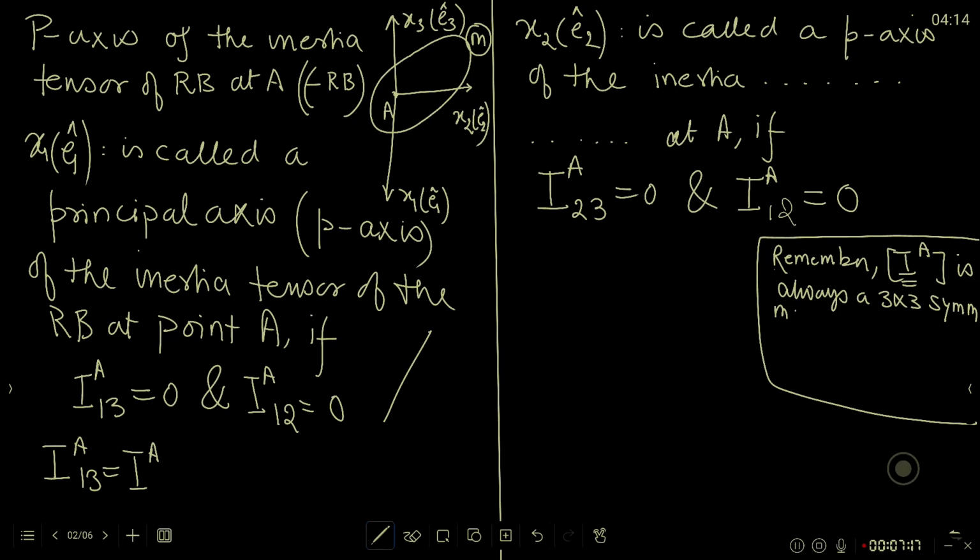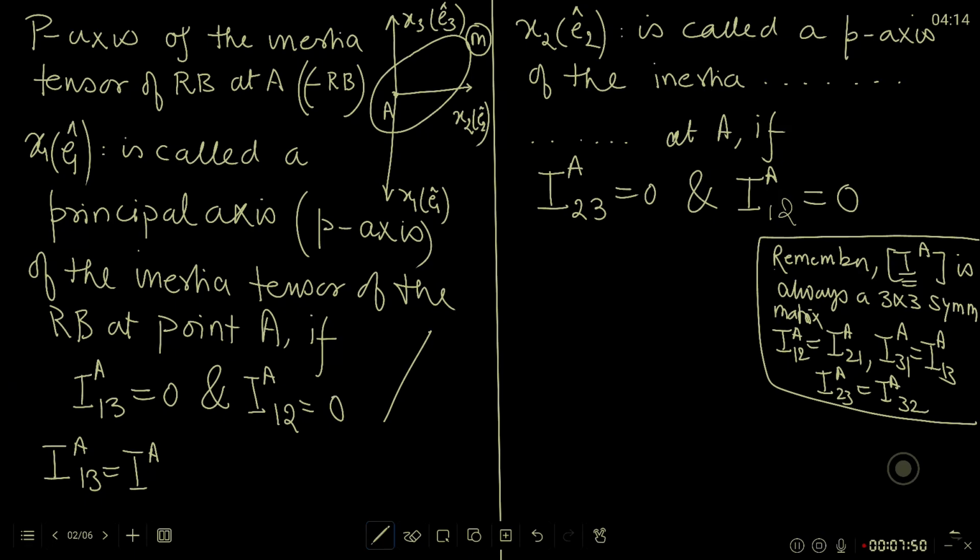It's always symmetric, which implies that you can use I_A12 and I_A21 interchangeably. They are always the same. Similarly, I_A31 is always equal to I_A13 and I_A23 is always equal to I_A32. Okay, do keep this in mind. Do keep this in the background while I make statements about the P axis.